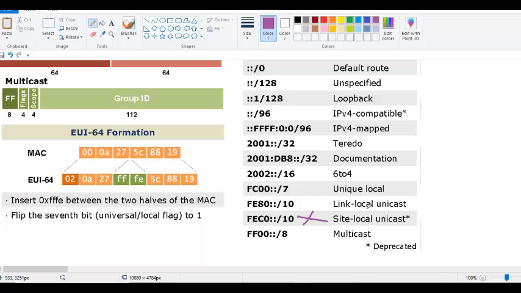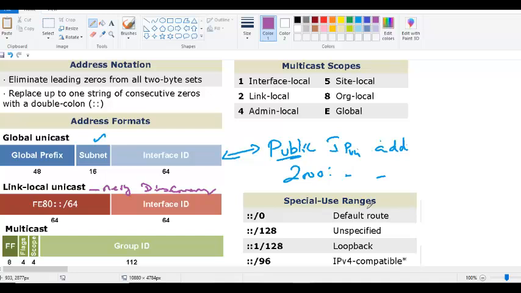Global unicast address is meant for the users to communicate. Link local address is meant for the machines to discover each other. The protocols in the machines to discover each other. It is for neighbor discovery.